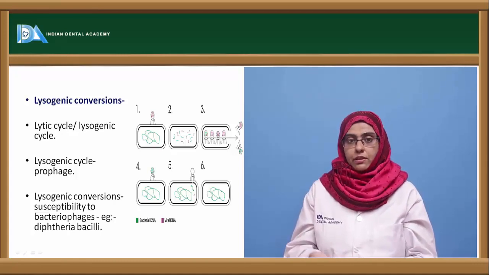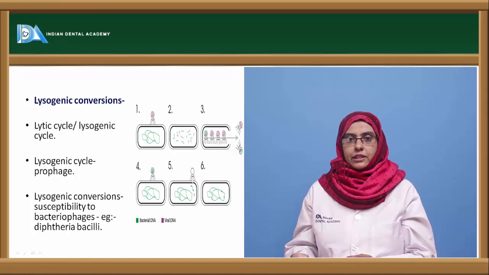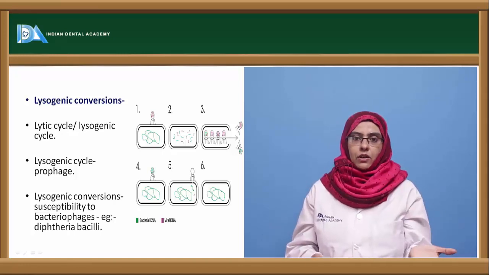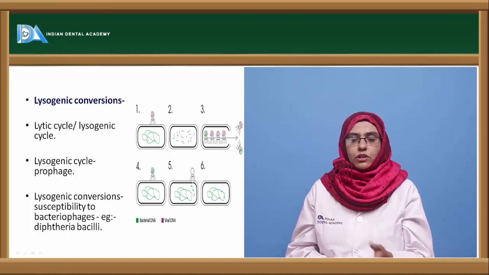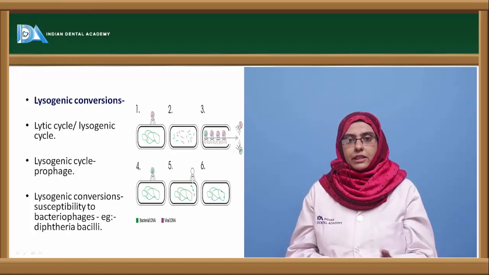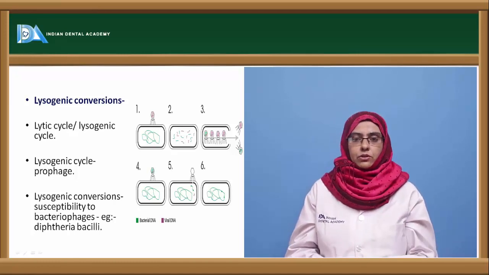So the best example is the diphtheria bacilli. And once the virus nucleic acid is removed, the organism is not able to cause any type of infection, because there is no tox gene present in the bacteria to cause pathogenesis in the human host.